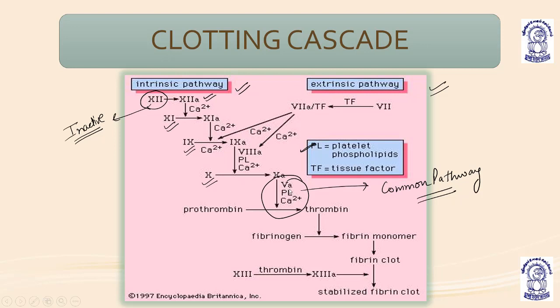So when 10 is activated, in the presence of factor number 5, platelet phospholipids and calcium ions, it converts prothrombin into thrombin. This is the common pathway. Thrombin then converts fibrinogen into fibrin. Fibrin is polymerized to form the fibrin clot, and factor number 13 stabilizes the fibrin clot, and the clot is confirmed.